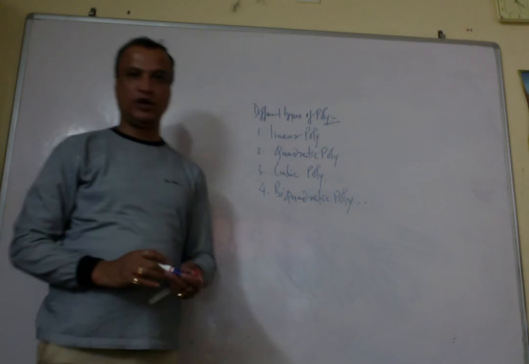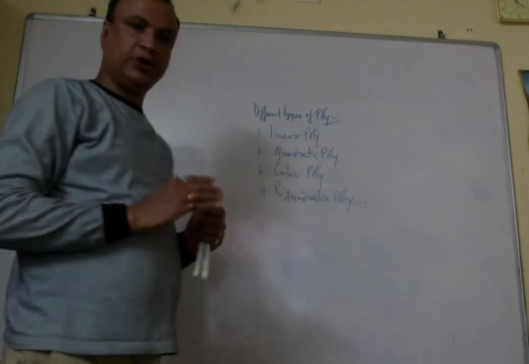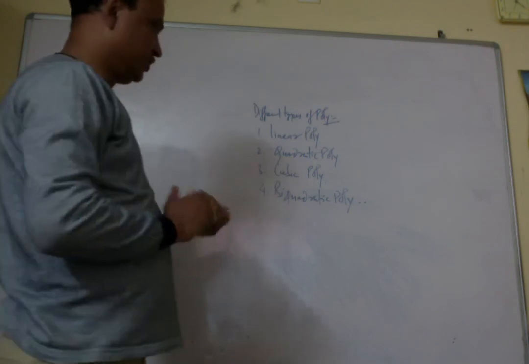So different types of polynomials we have: linear, quadratic, cubic, and biquadratic.